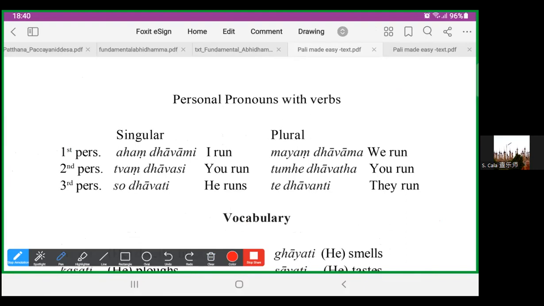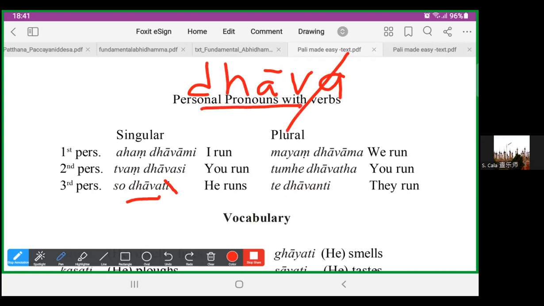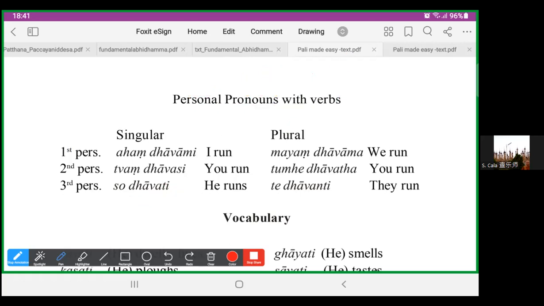If somebody asks how to get the verbal base, basically when you drop the T, it becomes dawa, right? So this is the verbal base. And how do you get the root? You have to think about it. Maybe the A is a conjugation sign. So when you put the A here, you get the root da, right? So da plus A plus T.